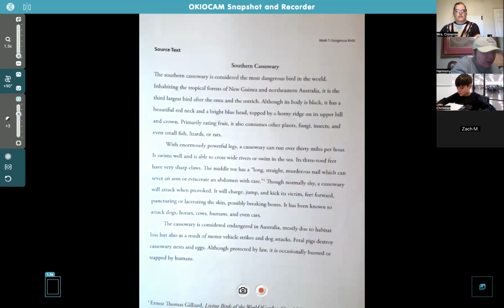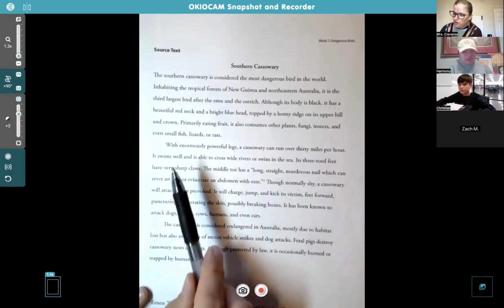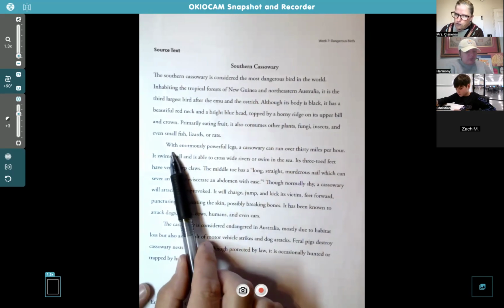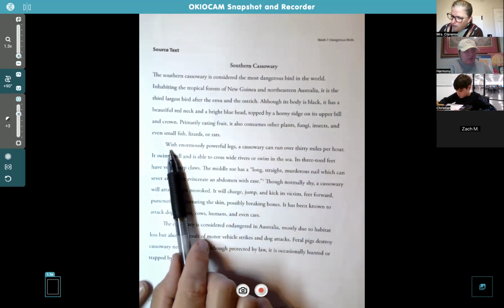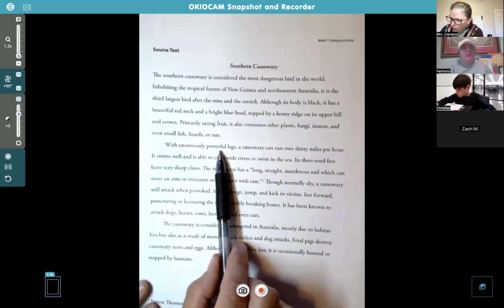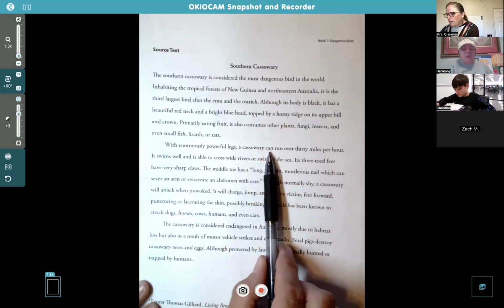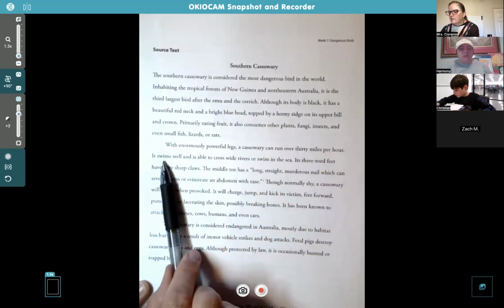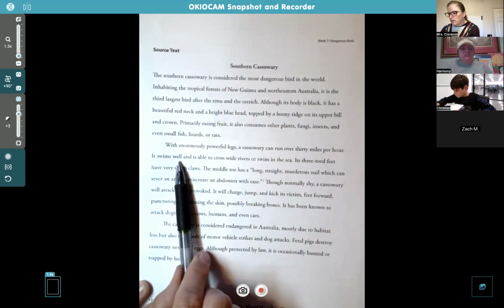Okay. So when we're done reading this, I'm going to show you a little video about this bird. Okay, I'm going to keep going. So make sure you're underlining important or interesting things as you go. With enormously powerful legs, a cassowary can run over 30 miles per hour. It swims well. That's interesting.